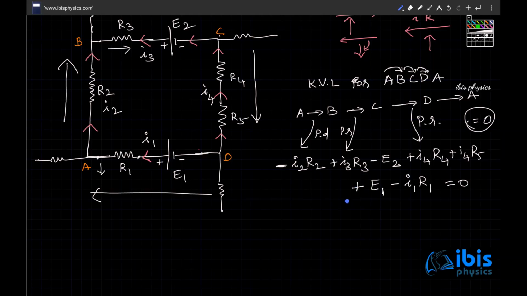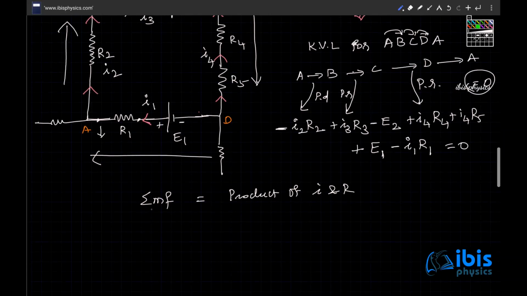The next point we are going to arrive at is very important. Keep the EMF, the battery potential, on the left hand side. On the right hand side, keep the sum of the products of I and R. On the left hand side, plus E1 minus E2.